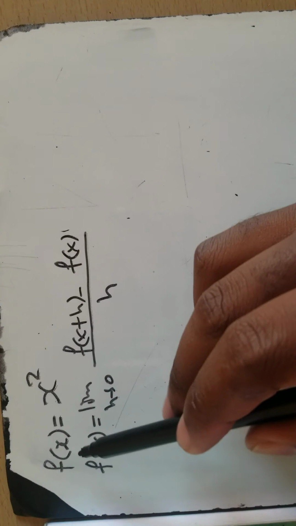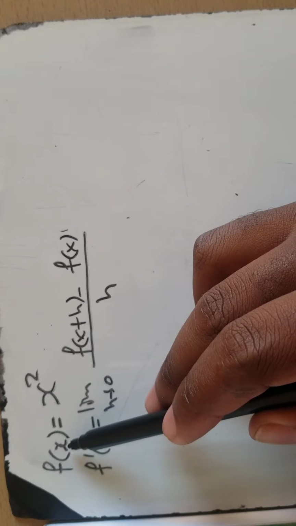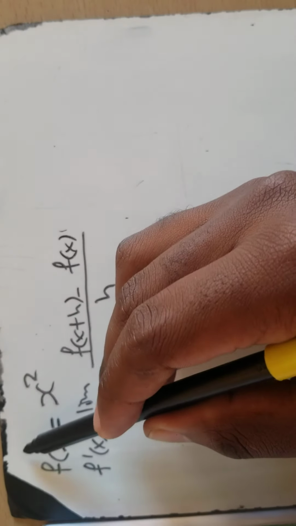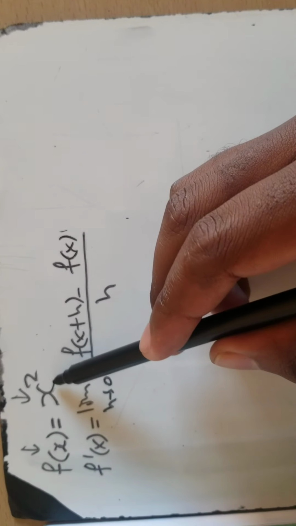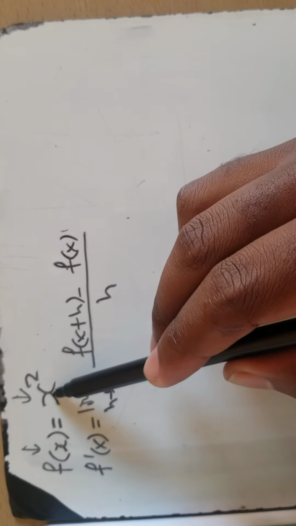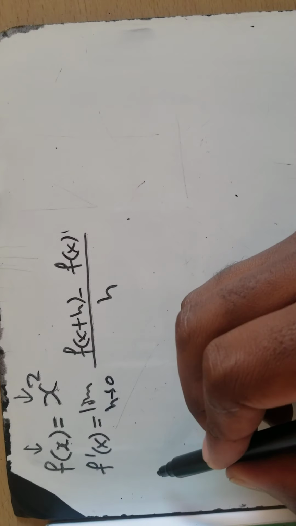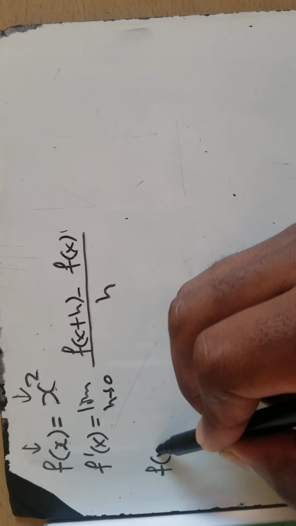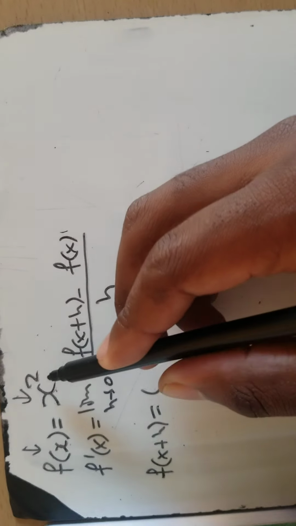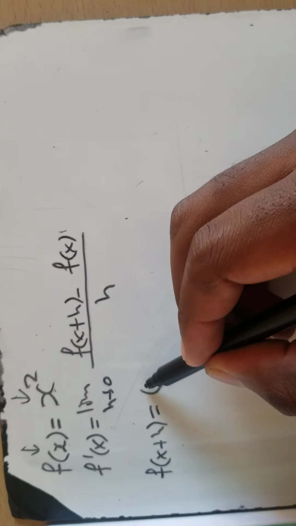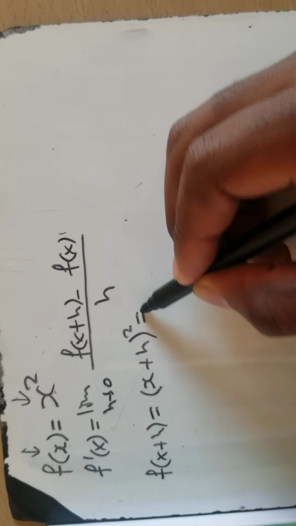From this equation, this is f of x. We want to find f of x plus h. So it means we should put x plus h there, and here as well we should put x plus h, because if there's x here and x there, and we want to change it to x plus h, we should change the right hand side as well. So to find f of x plus h, we say f of x plus h equals, we open brackets because there's squared there, so we put x plus h all squared, and then we simplify this.